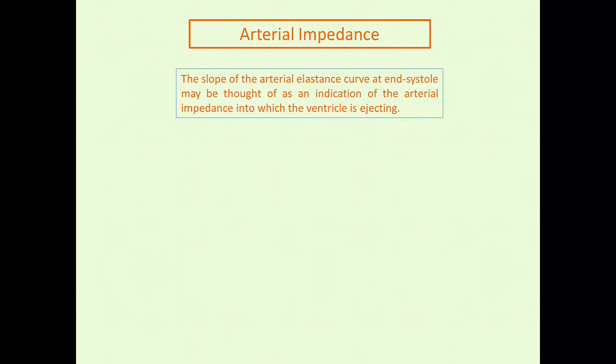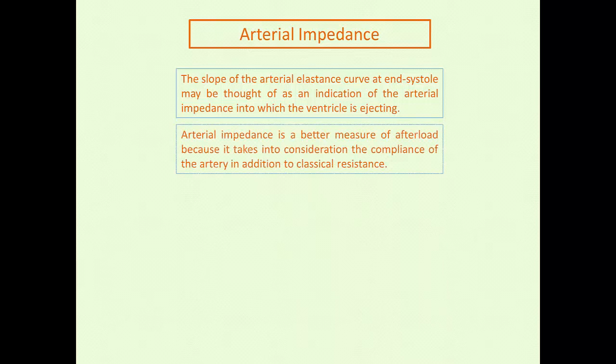So let's talk a little bit about arterial impedance. The slope of the arterial elastance curve that we just saw at end systole may be thought of as a summative illustration of arterial impedance.